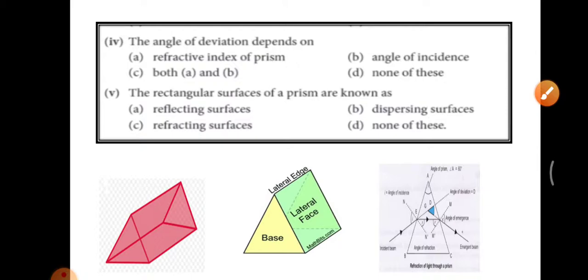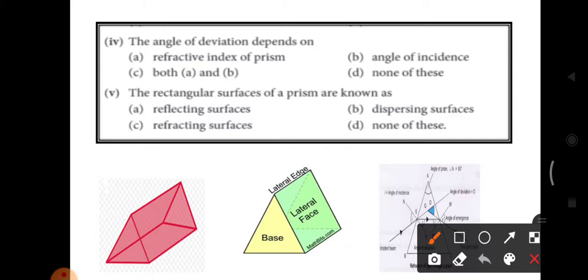The rectangular surfaces of a prism are known as. Look at this image. This is a prism. It consists of three rectangular faces and two triangular faces. The first rectangular face, the next rectangular face, and then another one is that side, and two triangular faces.